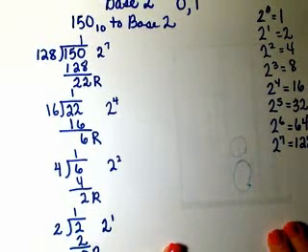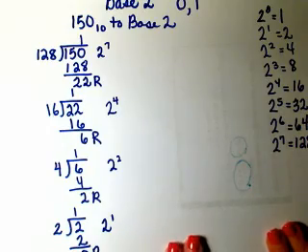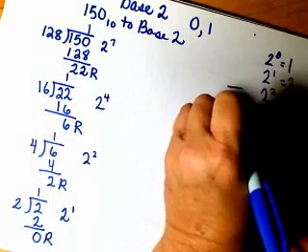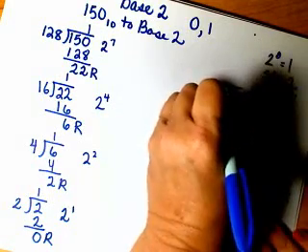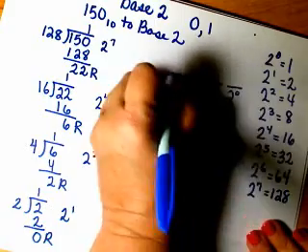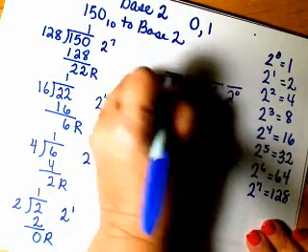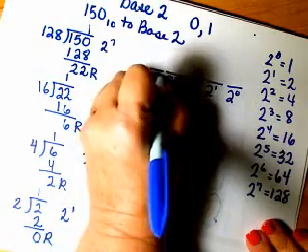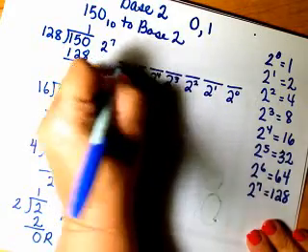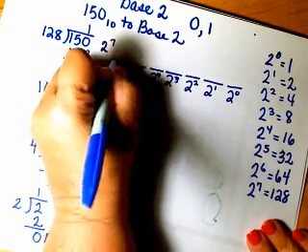Now, we got from 2 to the 1st to 2 to the 7th, but we have to write down all the places. So we have 2 to the 0, 2 to the 1, 2 to the 2, 2 to the 3, 2 to the 4, 2 to the 5, 2 to the 6, 2 to the 7th.